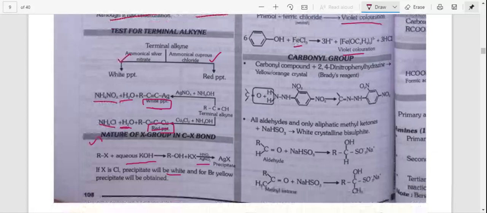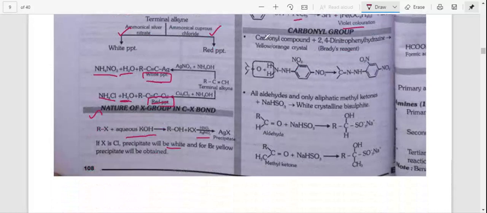Next is carbonyl group. Carbonyl group is C double bond O group. Carbonyl compound when reacted with 2,4-dinitrophenylhydrazine gives this reaction, and this is the 2,4-dinitrophenylhydrazone.